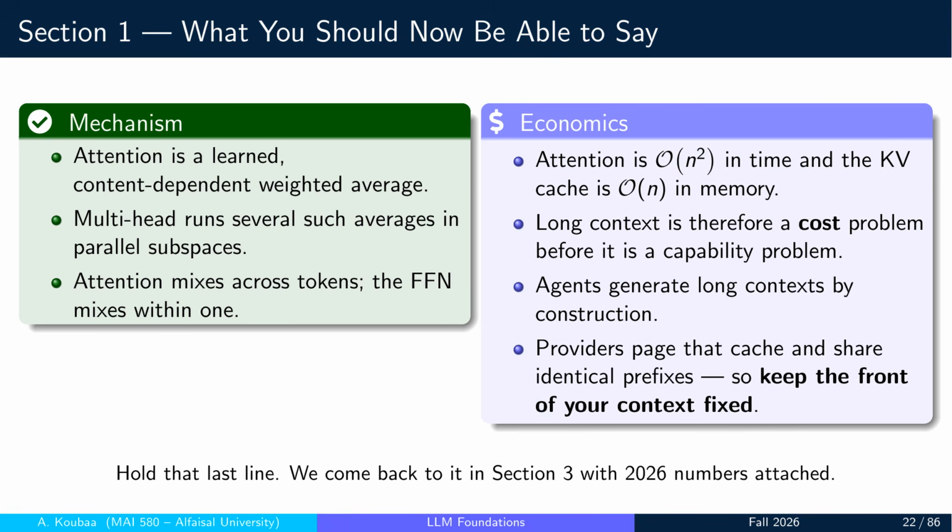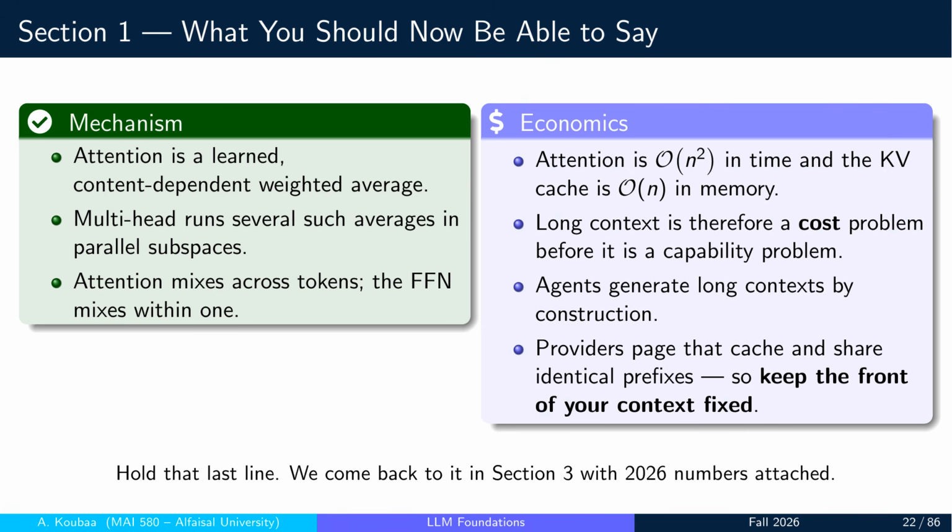On the economic side, attention is order n squared in time, and the KV cache is order n in memory. As a consequence, long context is a cost problem before it is a capability problem. And agents generate long contexts by construction, through messages, retrieved documents, and tool outputs.